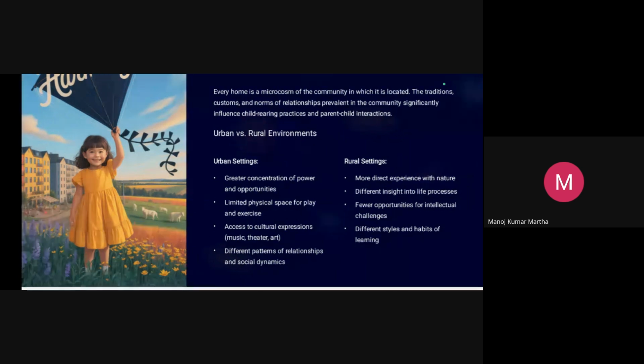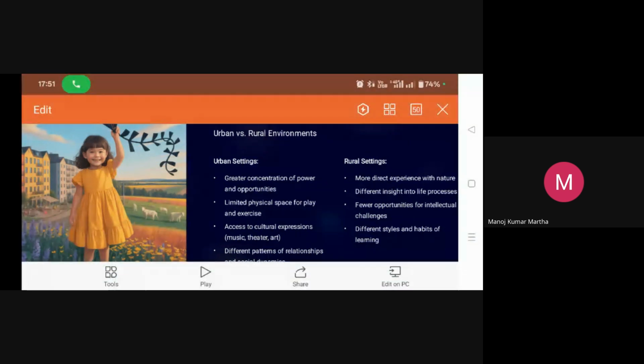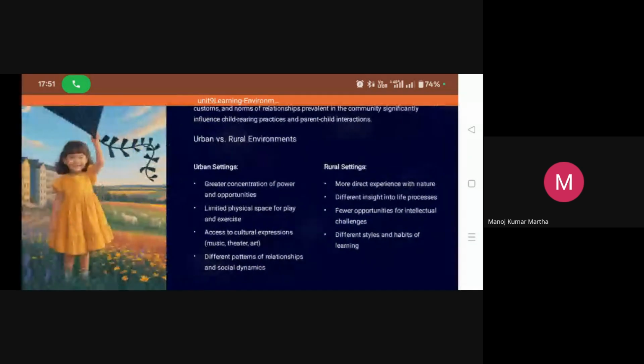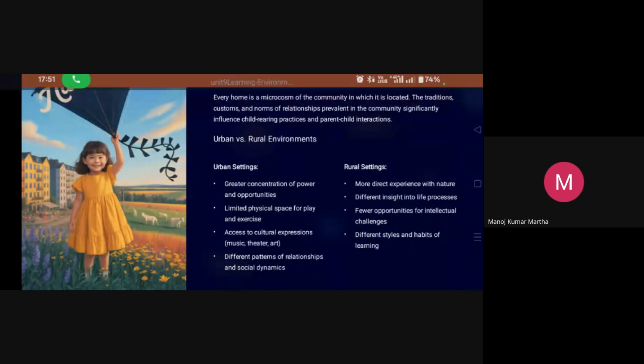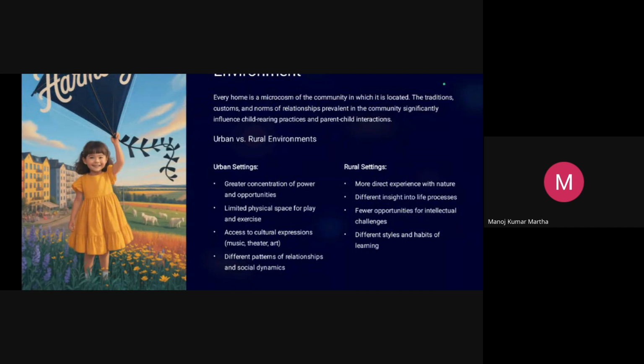On the other hand, when we go to rural setting, they may not have that kind of opportunities, may have direct experience with nature, they may have different insight towards the life process, they may have fewer opportunities for intellectual challenges, they may have different styles and habits of learning. So the setting actually decides the process of learning.